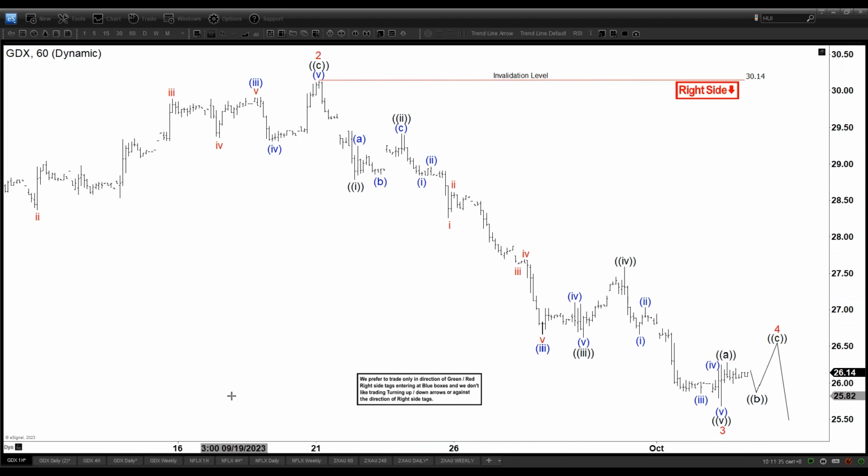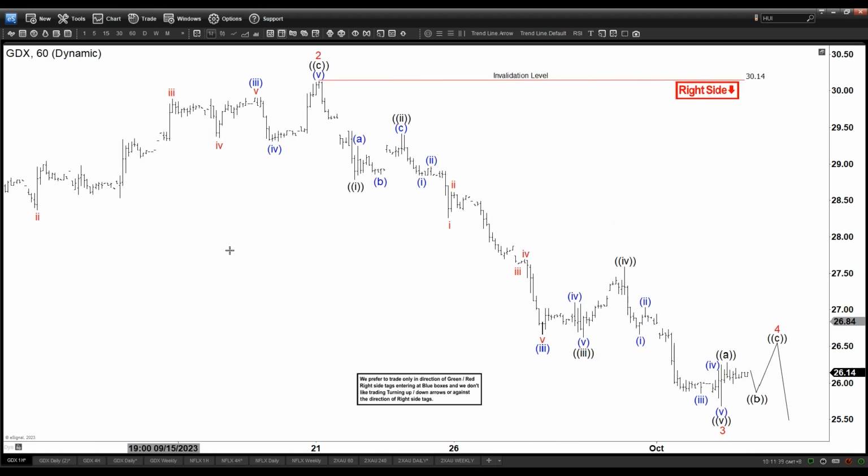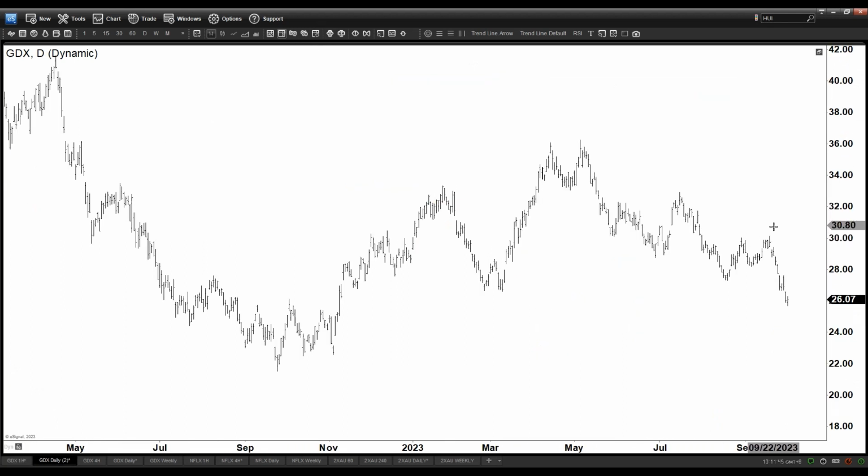Now we zoom out to the daily time frame, and let's put down some of the count here. This is $30.14, which is over here, right? So this is wave 3 here, and that means this is wave 1 over here.